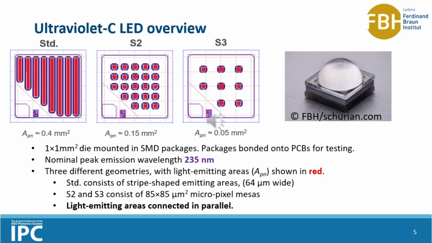The nominal peak wavelength is 235 nanometers. And one of the key things for the three different samples is the different emitting area. So as you go from the standard sample, the total emitting area on the device reduces from about 0.4 millimeter squared to 0.05 millimeter squared on sample S3.